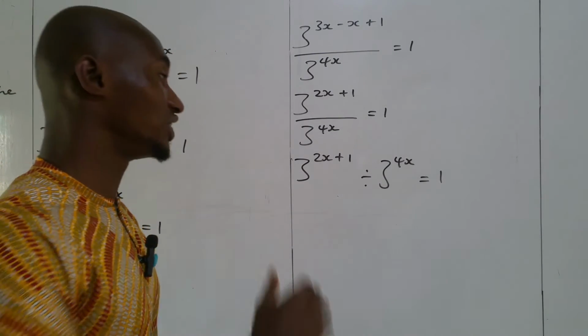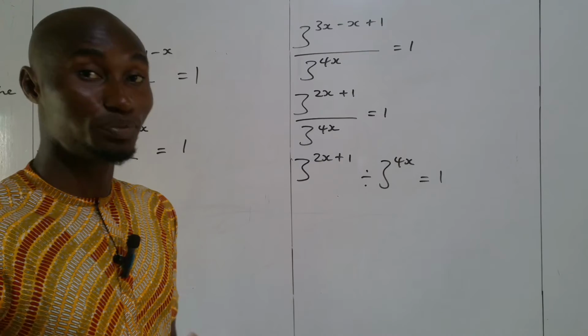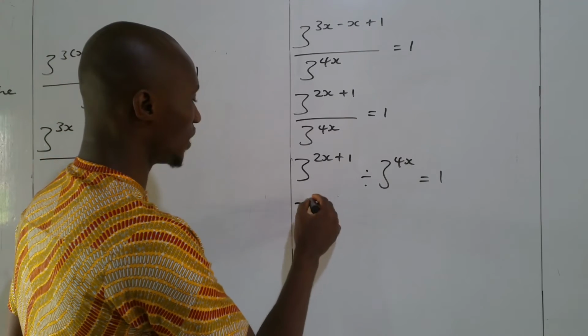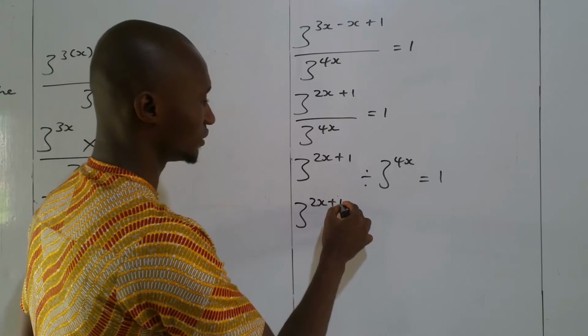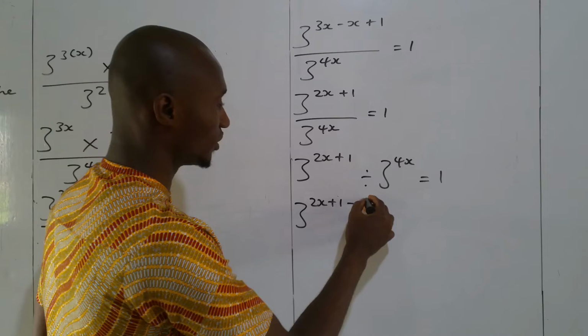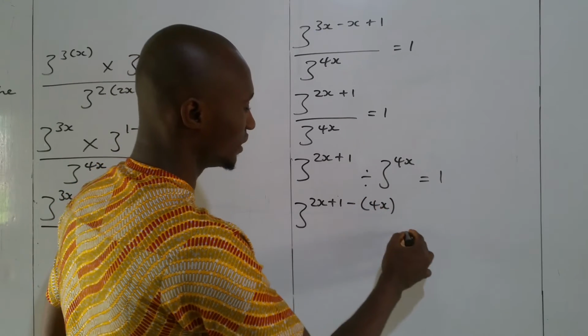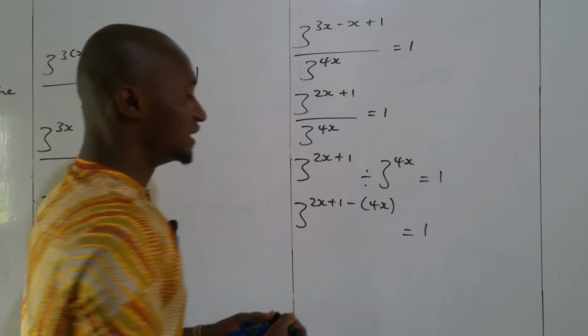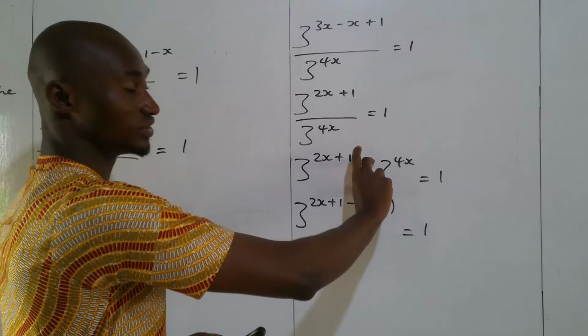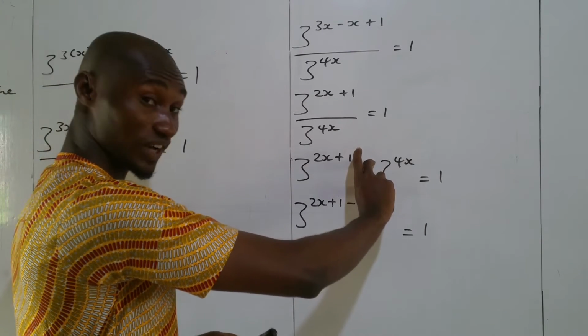I want to take you through the steps to enable you to understand it. Now this is 3 raised to the power 2x plus 1. Now, here comes the minus: minus bracket 4x equals 1. This minus is showing you that there was division over there.